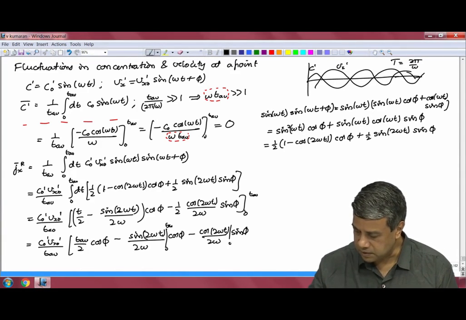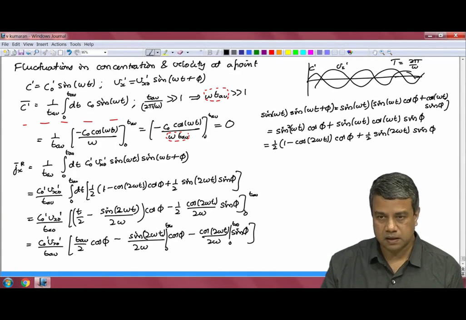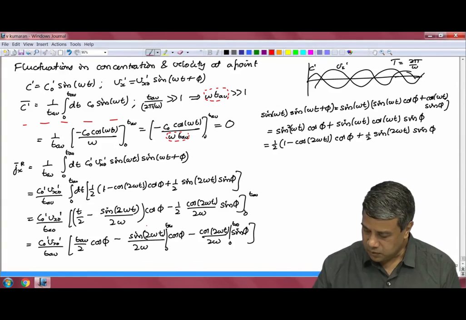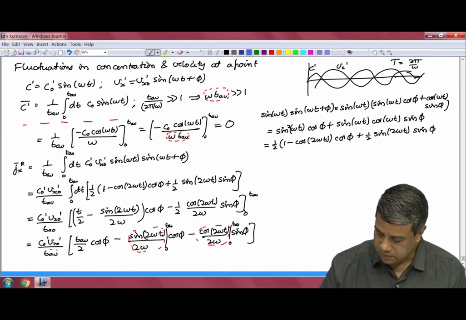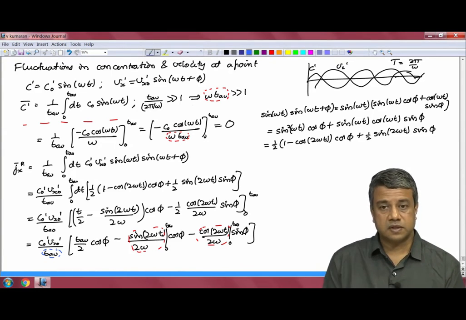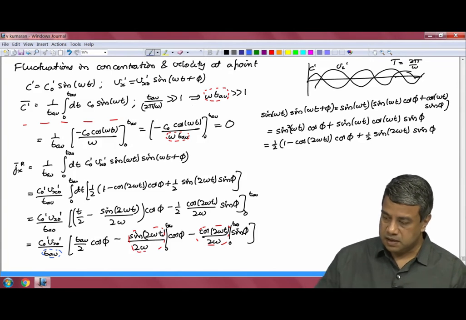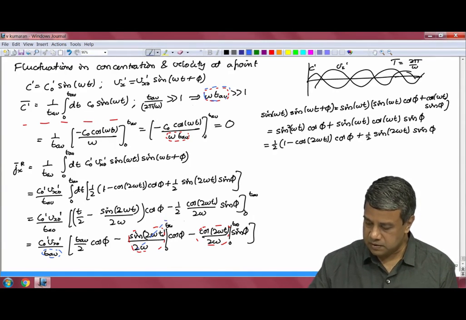The first term, which was 1, became a t, and that between 0 and T average is just T average. Now, you can see that both of these terms, when multiplied by 1 over T average, have to go to 0 because omega times T average is going to infinity, as we had seen over here. So, both of these terms do decrease to 0.